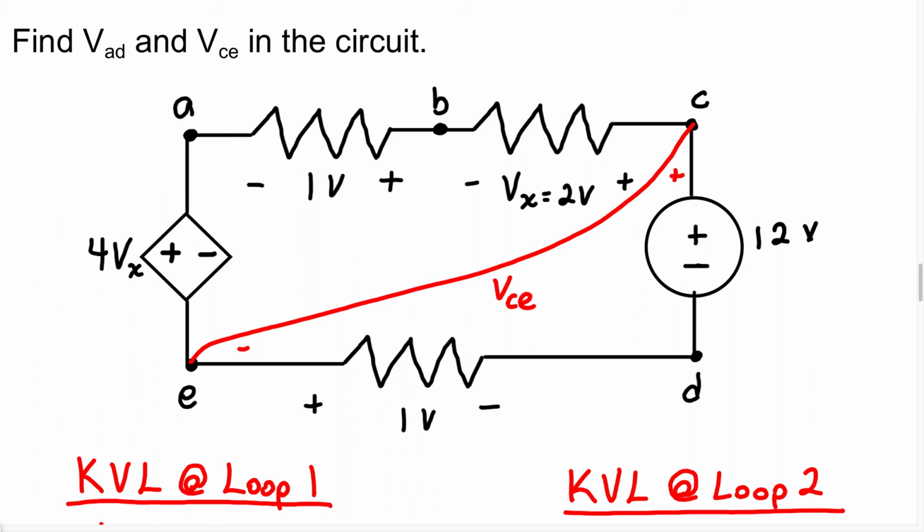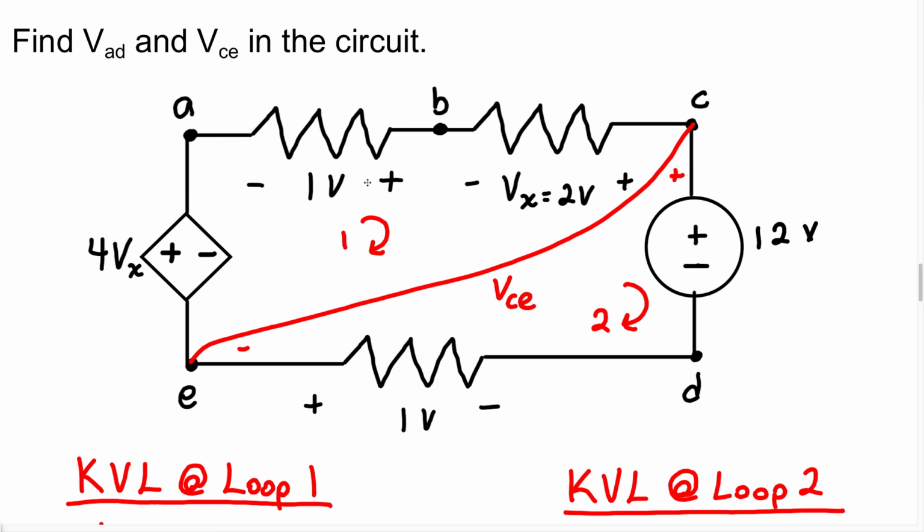This is the positive terminal. This is the negative terminal. We can call this loop 1. We can call this loop 2. Right? So now when I look at this, we have two options to find VCE. We can either take KVL at loop 1 or KVL at loop 2.